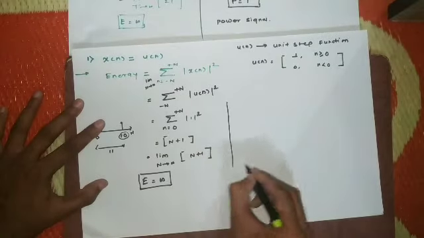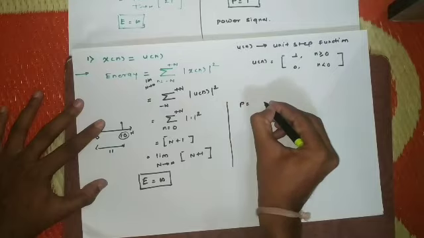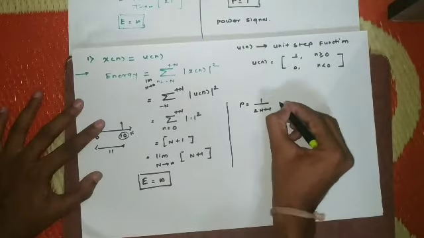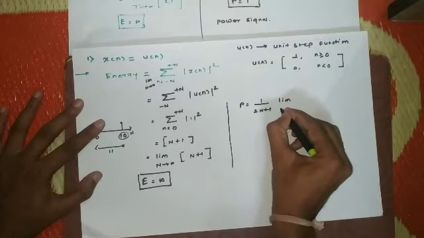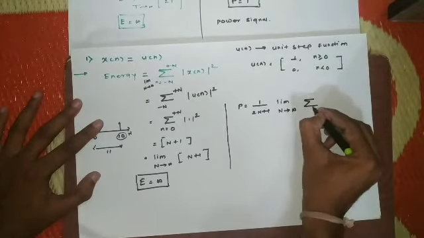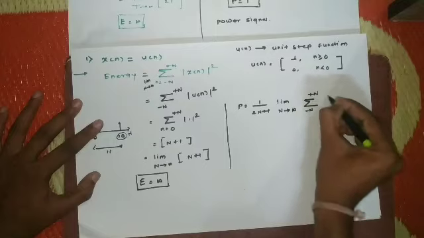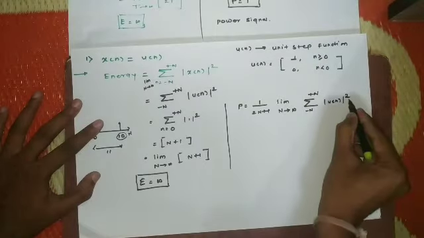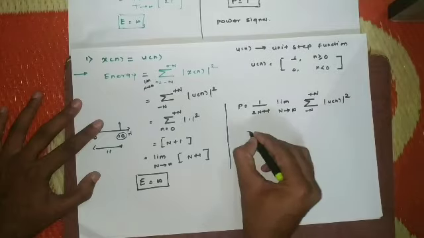So here we can write power is equal to 1 upon 2n plus 1, limit n tends to infinity, and this expression as it is, summation from minus n to plus n of mod u of n square. So already we have determined this value.